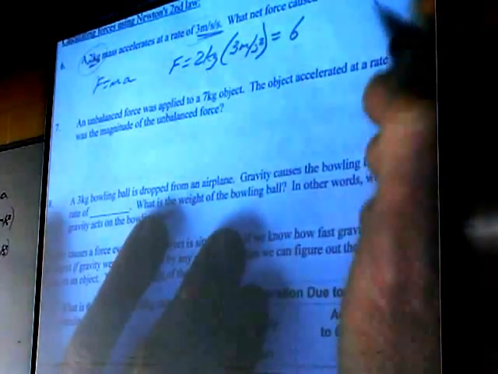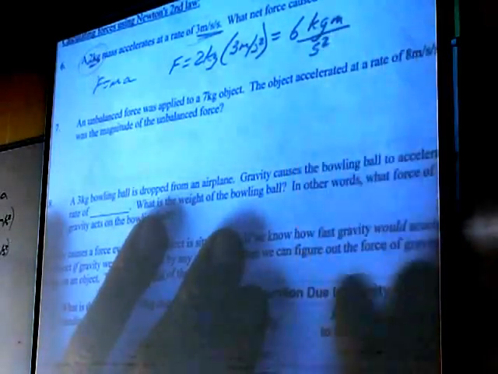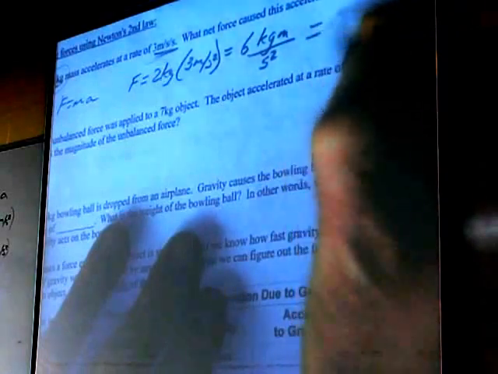It really doesn't matter. You could do it the wrong way, but you're multiplying things, so you get the same answer. I'm not requiring it, but if you do the correct thing with all these units, you wind up with 6 kilograms times meters over seconds squared. And that's another way of saying 6 newtons.